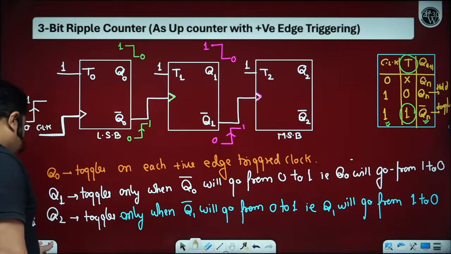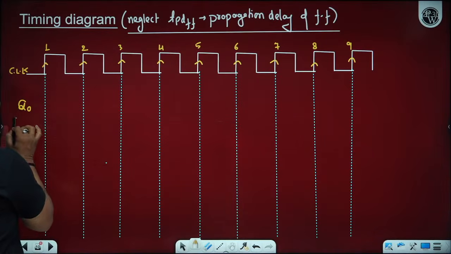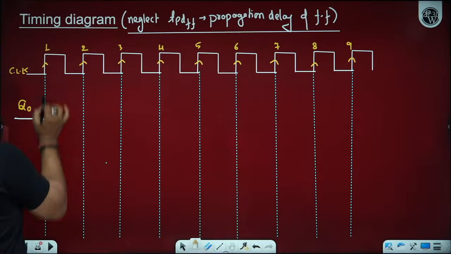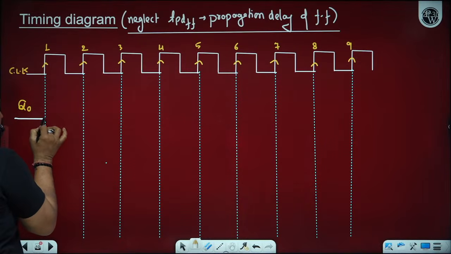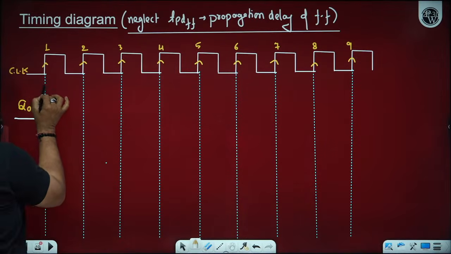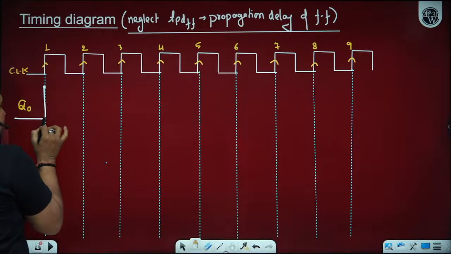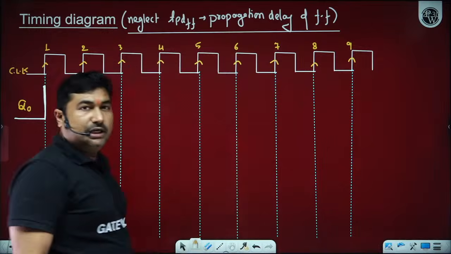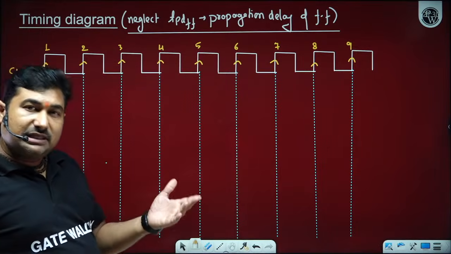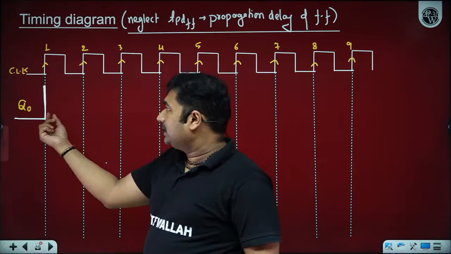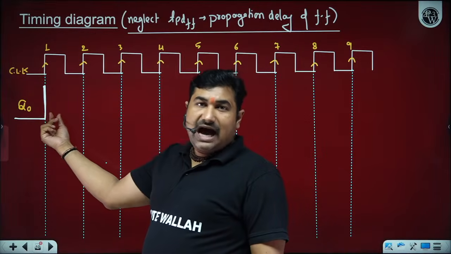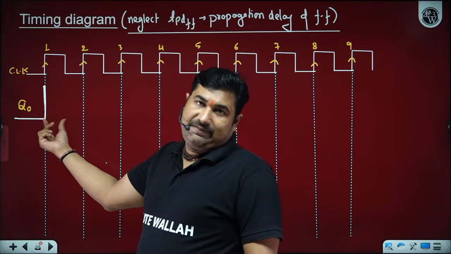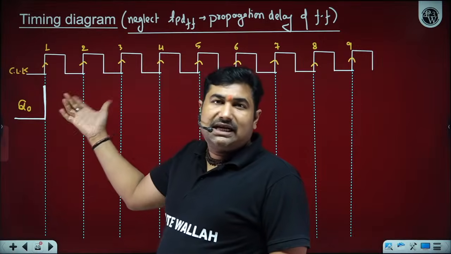If Q0 is initially 0, then as soon as the clock appears, Q0 changes its level and becomes high. At this instant it becomes high because we are neglecting the propagation delay of the flip-flop. If we consider propagation delay, it will change its state after a small span of time. Is it okay? But I'm neglecting propagation delay.